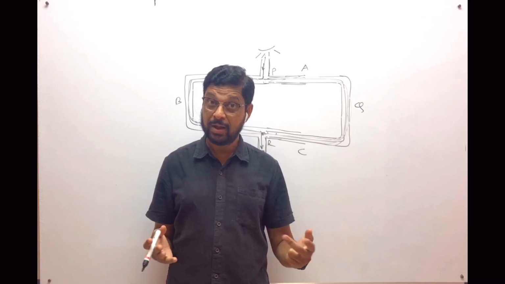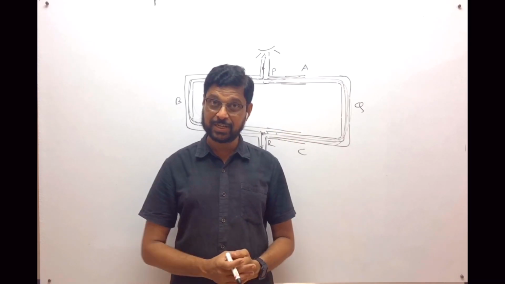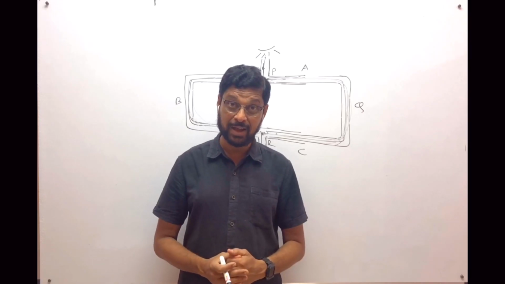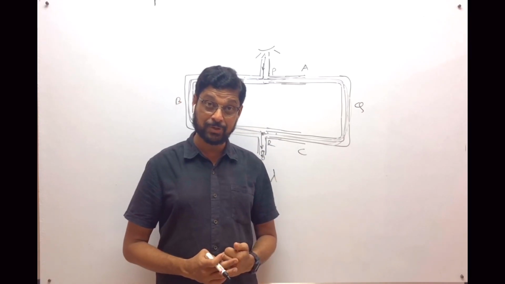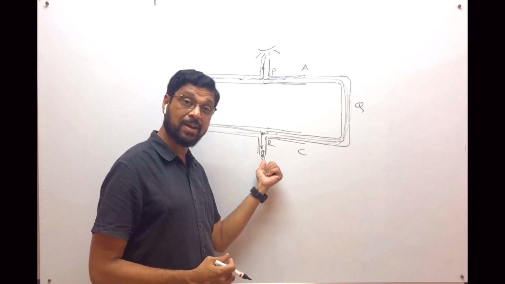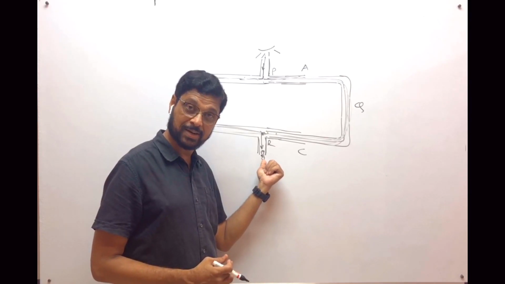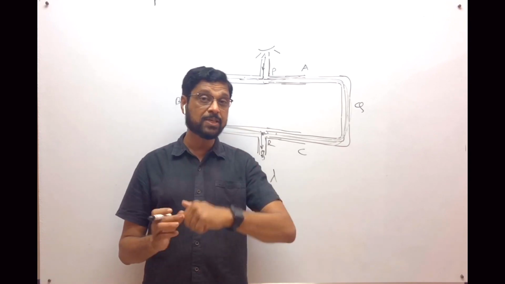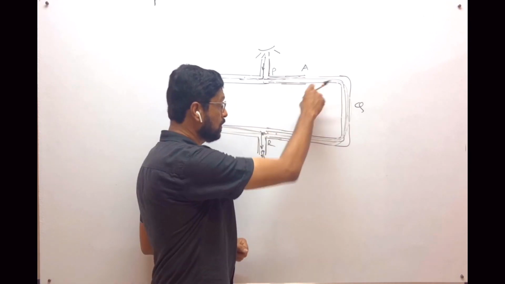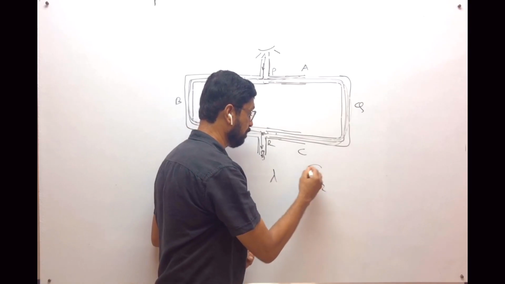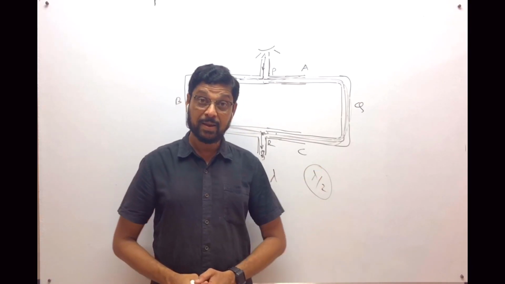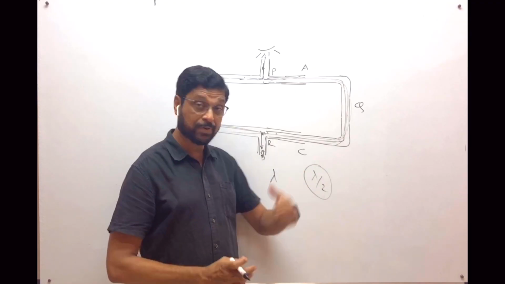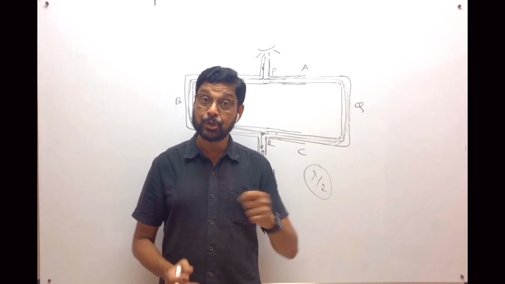What will happen now? Again, constructive interference, isn't it? फिर से constructive interference होगा, and as there is constructive interference, you will again hear a loud sound here. यहाँ पे आपको जोर की आवाज सुनाई देगी. लेकिन उसके बीच में एक पोजीशन पर जहां पर फेज डिफरेंस, पाथ डिफरेंस हो जाएगा लैम्बडा बाई 2, एक पर्टिकुलर पोजीशन पर path difference will be lambda by 2.